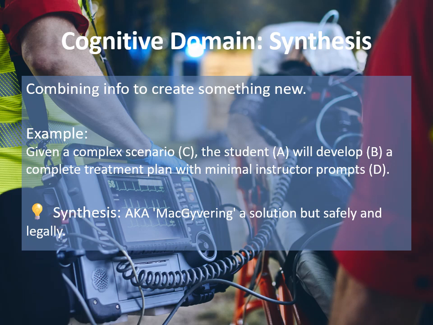But then with minimal instructor prompts, that seems like a condition, like you're in an environment where the instructor's not prompting you. So it could be the way the person is, and the way AI is writing this is, with minimal instructor prompts means, if you're following skill sheets, when you're prompting people, you're subtracting.